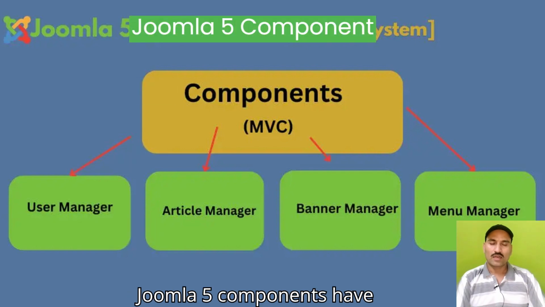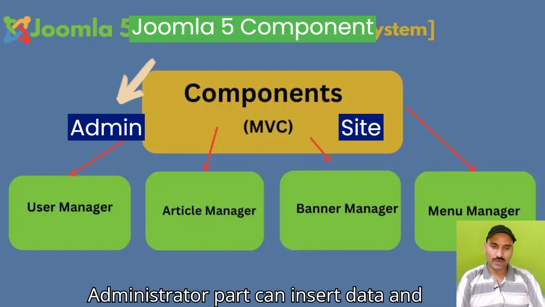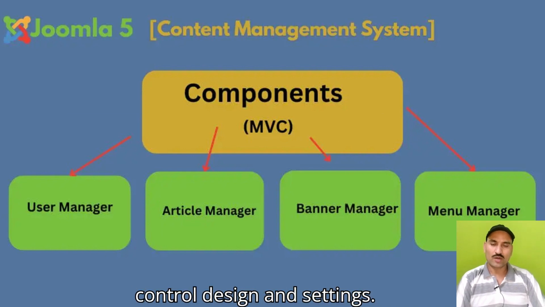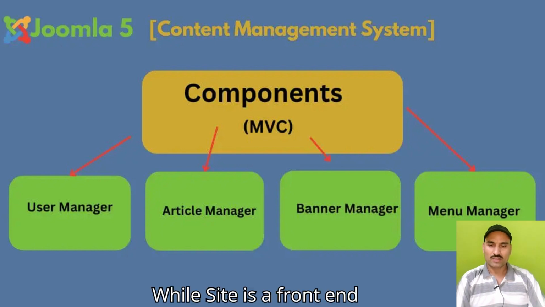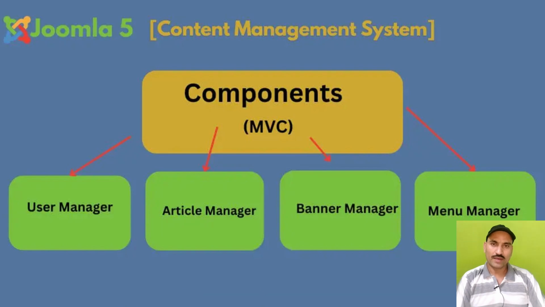Joomla 5 components have two parts: admin and site. The administrator part can insert data and control design and settings, while the site is the front end part which users can access without any login.